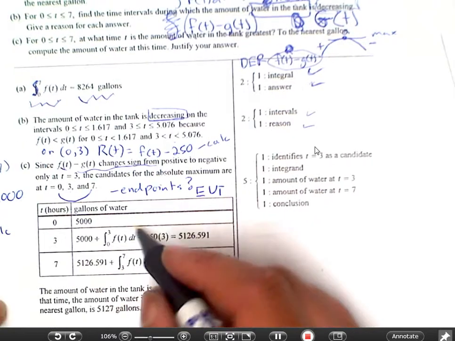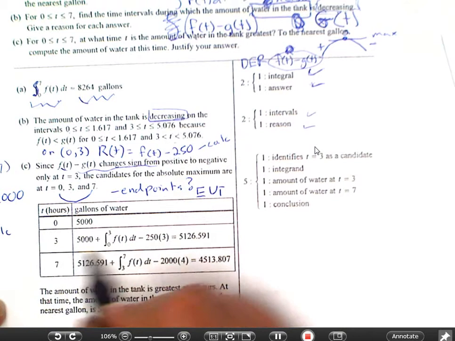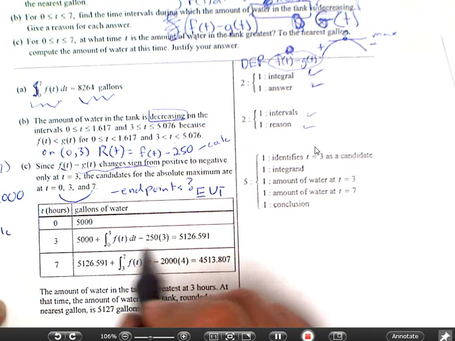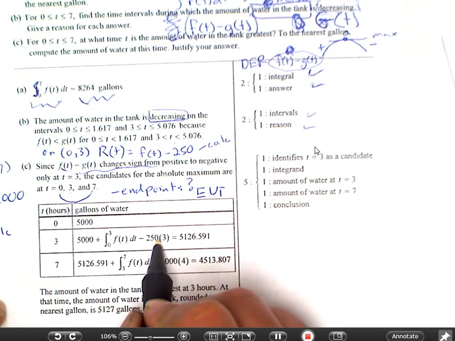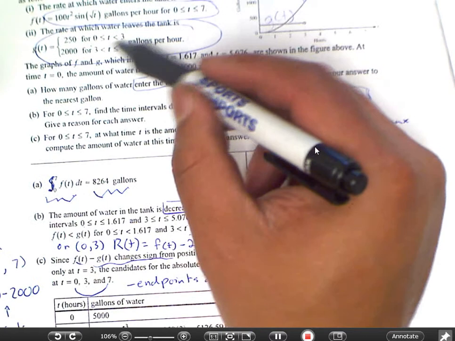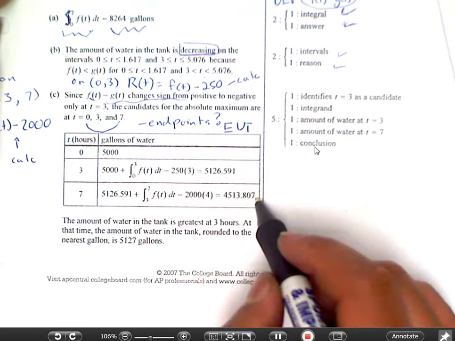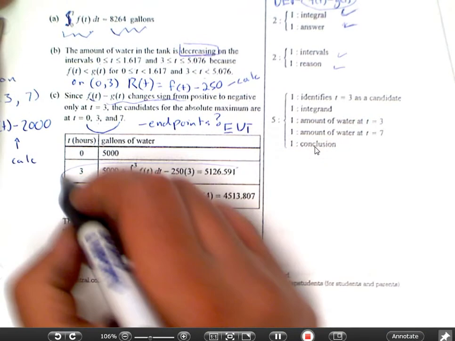At time 0, the gallons was 5,000. At time 3, we're going to have to integrate the inflow minus the outflow. And the outflow from 0 to 3, if you look up here, was 250. Integrate it on the calculator. Obviously, that's the largest one.